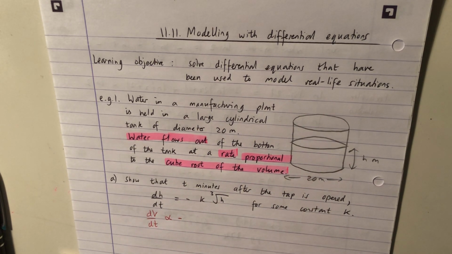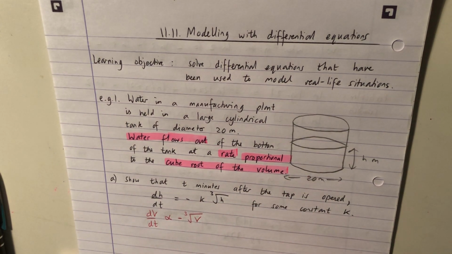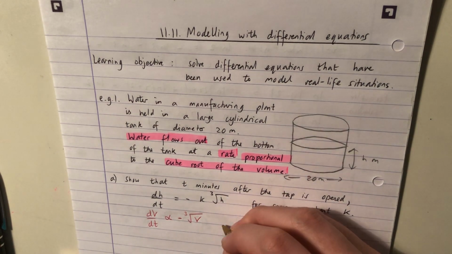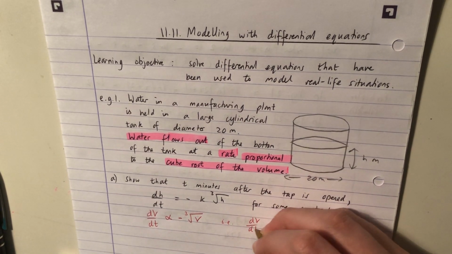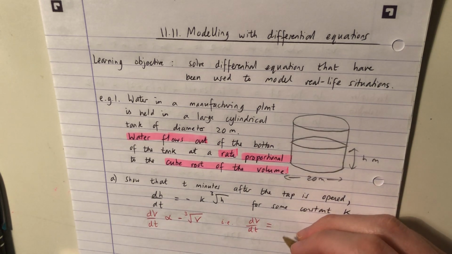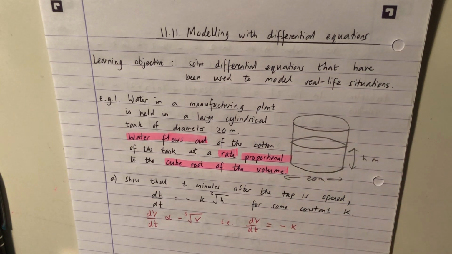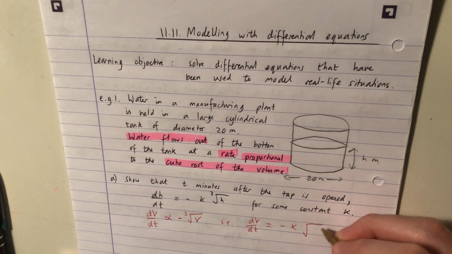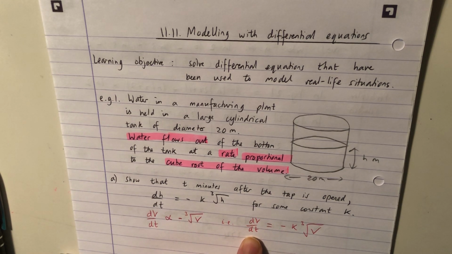In other words, dV by dt is equal to, and we use some proportional constant, minus k cube root of V.